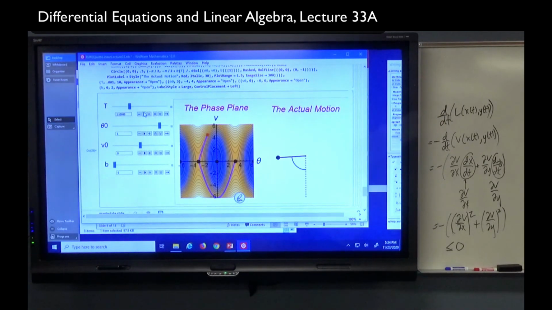Actually, this is still undamped because I set b to be 0, but if I add some damping, I can also change my initial angle and my initial angular velocity if I like. Now let time go by. Now the solution is heading toward the origin. The motion is getting smaller and smaller in amplitude over time. If I make the damping higher, the effect gets more pronounced. You can see it approaching equilibrium pretty fast.